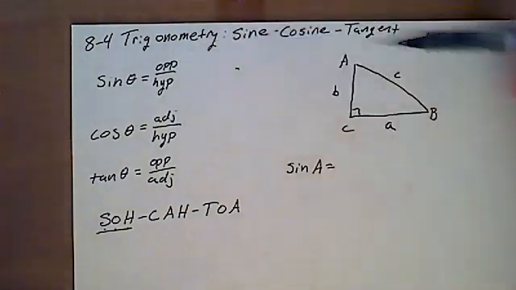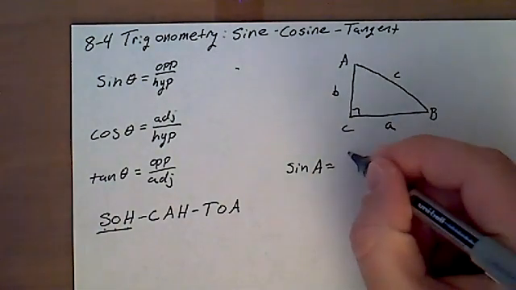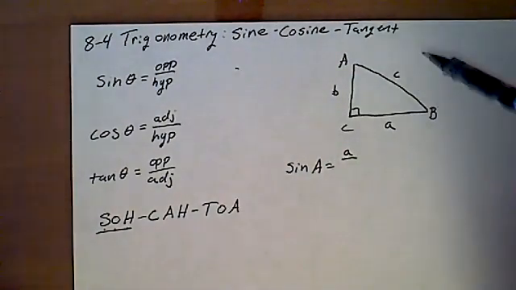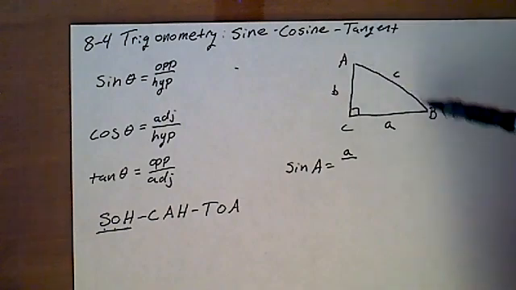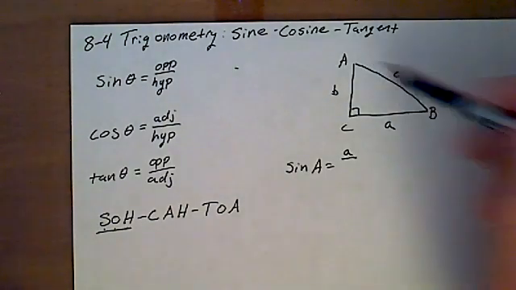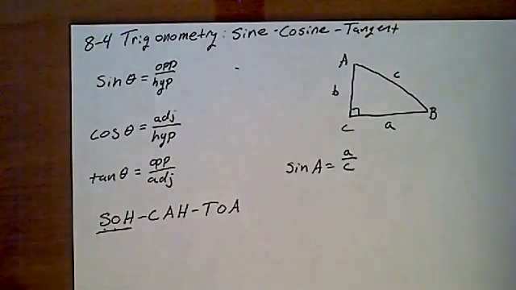These are sides. The side opposite angle A is side A. Over the adjacent, you might ask yourself, well, aren't B and C both adjacent? The answer is, over the hypotenuse, which can only be C. We'll get back to adjacent on the next one.